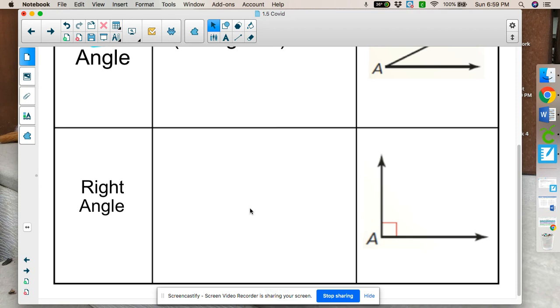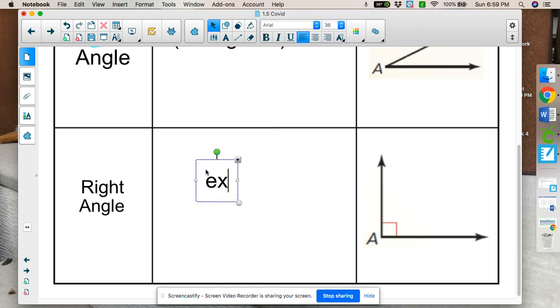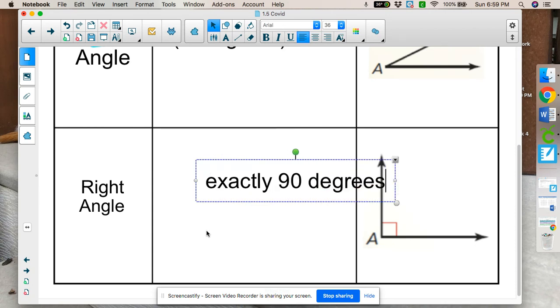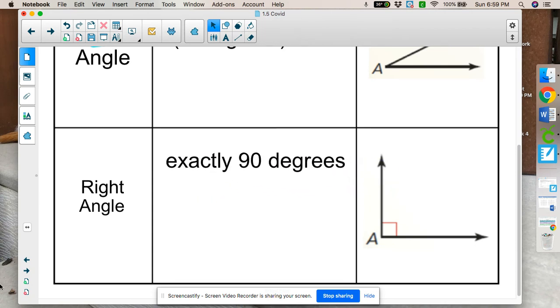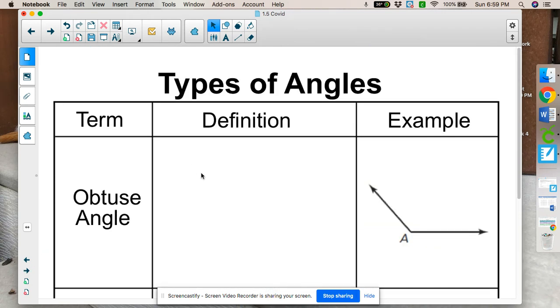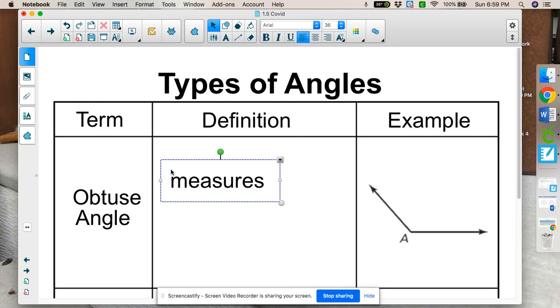when we talked about lines that intersect that are perpendicular. They intersect to form a right angle, and that's because an angle's measure is exactly 90 degrees if it's right. Okay, so we have acute, we have right, and then we do have obtuse, which an obtuse angle measures greater than 90, but less than 180.